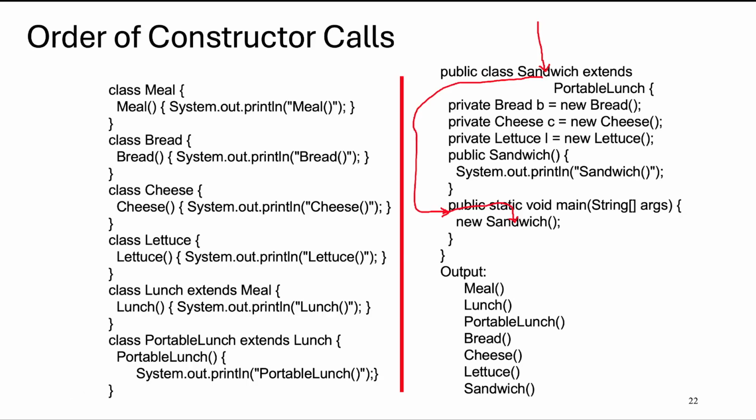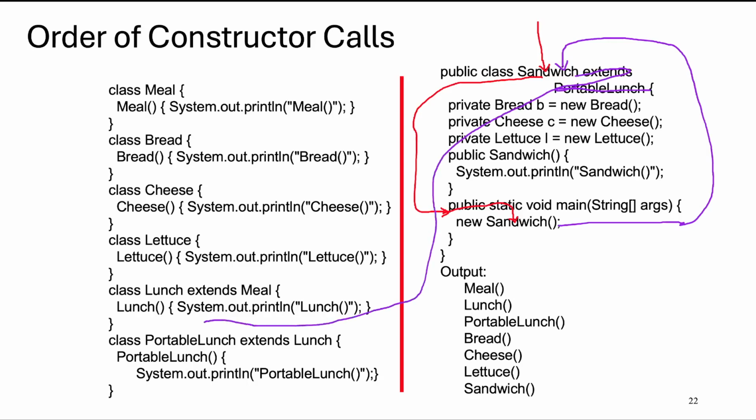So at this step, what happens is the compiler goes to the class sandwich. Sandwich extends portable lunch. So what happens is it will visit the portable lunch.